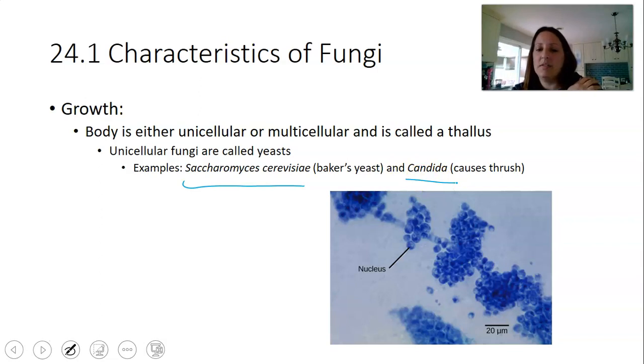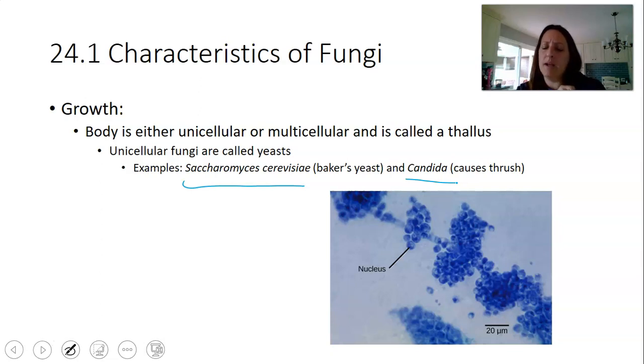This causes all kinds of different infections. One that you may have heard of is called thrush. So thrush usually will be in the oral cavity. So if you've ever had or known someone who's ever had a thick white layer of material on their tongue and even on the roof of their mouth, that could be thrush caused by this yeast called Candida.